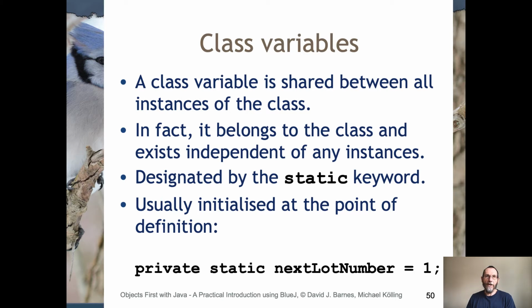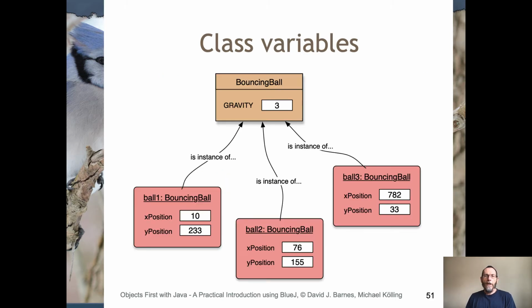Let's look at a particular example. Here we've got the idea of a program that's going to model bouncing balls, and we're going to simulate the effect of gravity on those balls. Now the effect of gravity is going to be the same on every single ball that we create. So we don't really need to have an instance variable defined inside the bouncing ball class that records what the current value of the gravity is, because the gravity is going to be fixed and it's going to be the same for all balls.